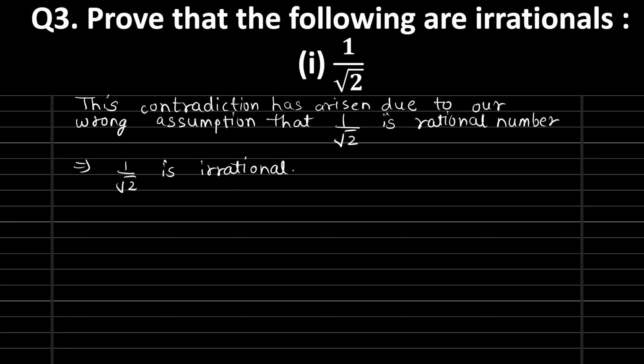Rational cannot be equal to irrational, and this contradiction has arisen due to our wrong assumption that 1 upon root 2 is rational. So definitely 1 by root 2 is an irrational number.